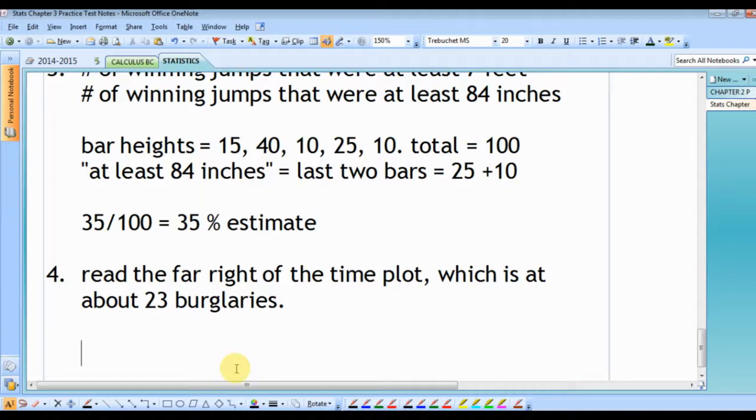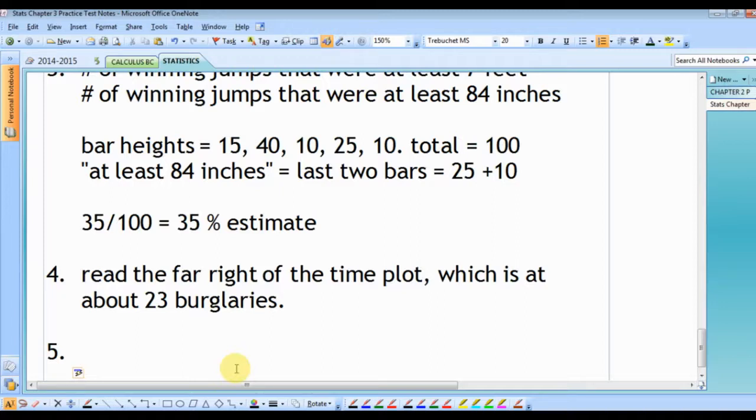Number 5. Which of the following is a true statement? You have to read all of them. The number of burglaries each month in 1988 were lower than the number of burglaries each month in 1989. Was there any month in 1988 where it had more burglaries than a month in 1989?